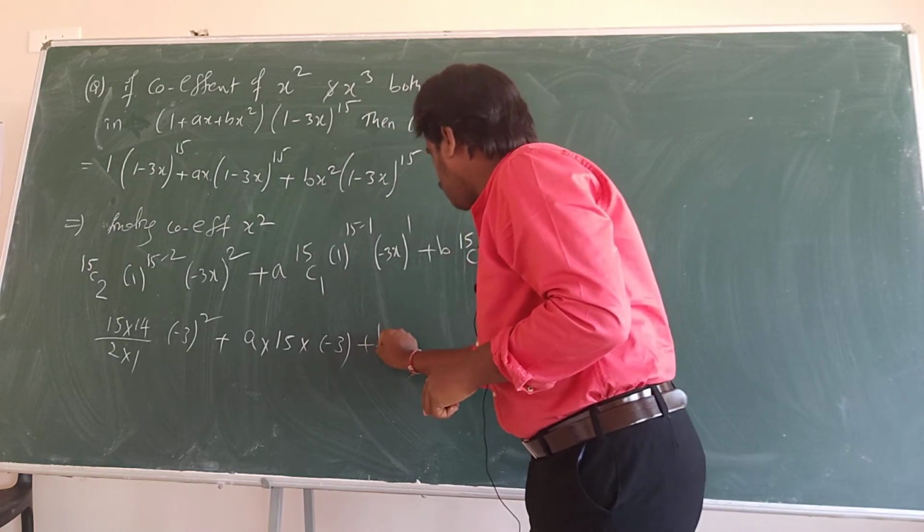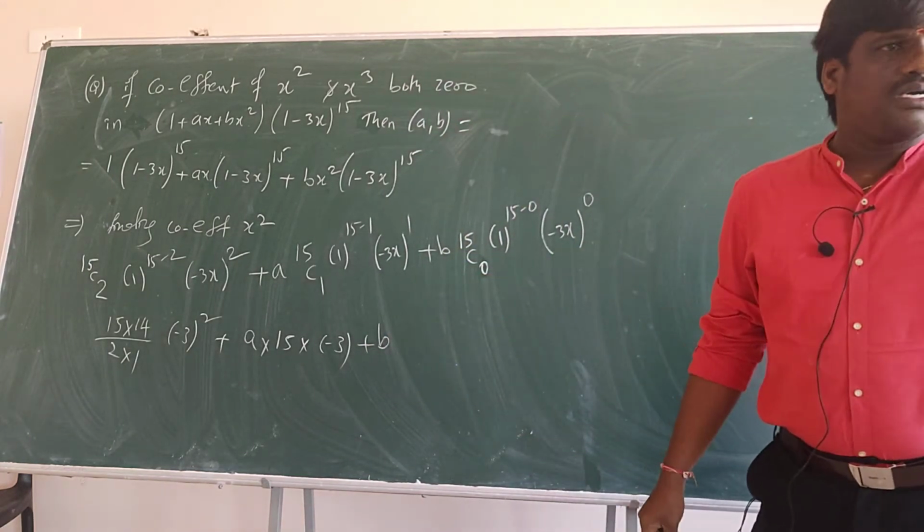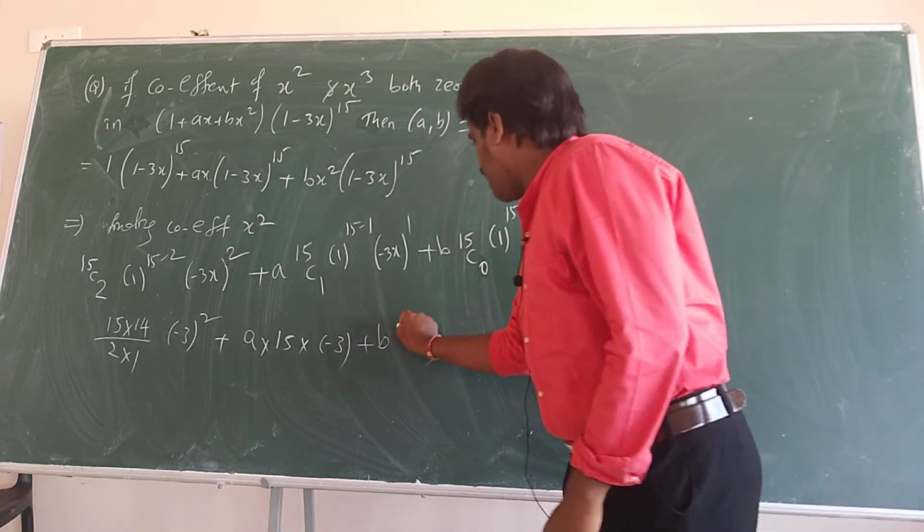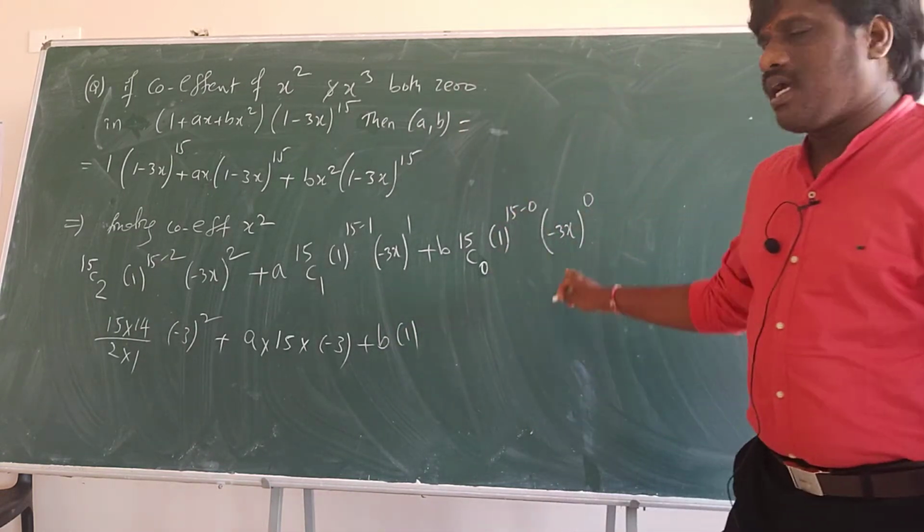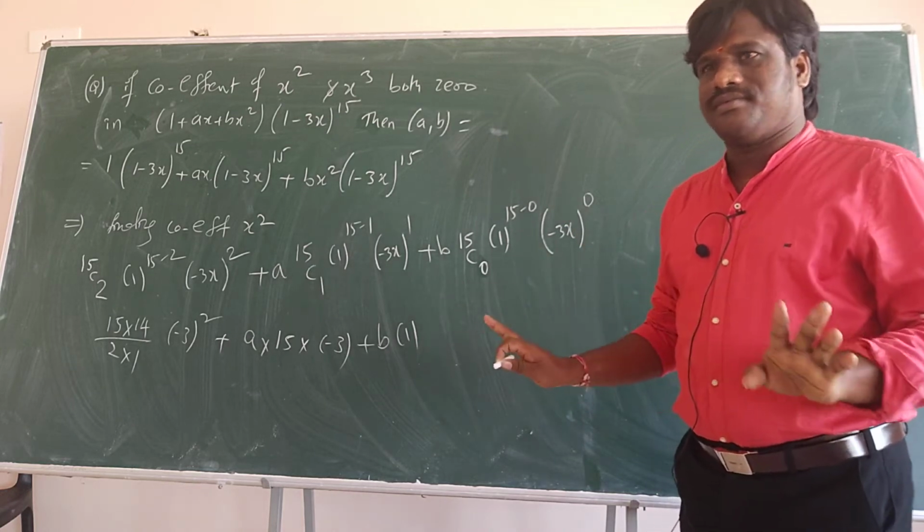Plus b into 15C0, which is 1, and 1 power anything is 1, and power 0 is also 1.